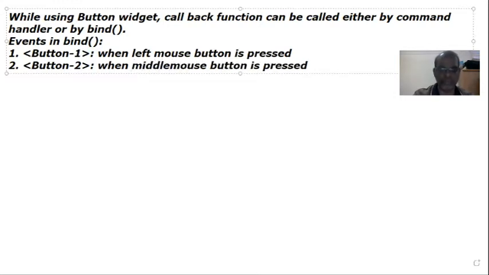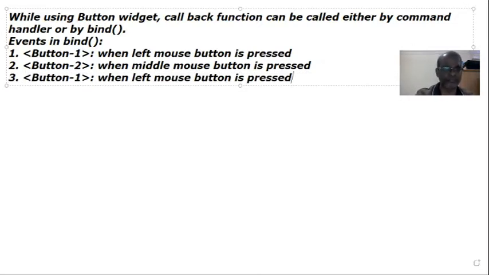Some 20 or 30 years ago, mice had a middle button. Nowadays the middle mouse button is not available, so no need to worry about this one. Similarly, Button-3 will be raised when the rightmost button is clicked or pressed.